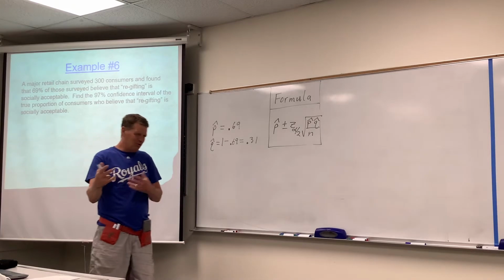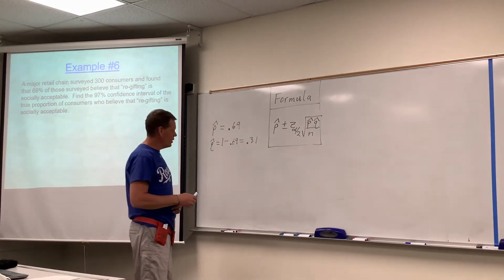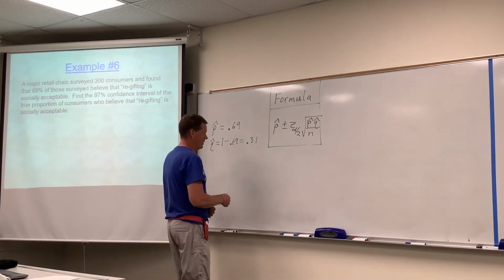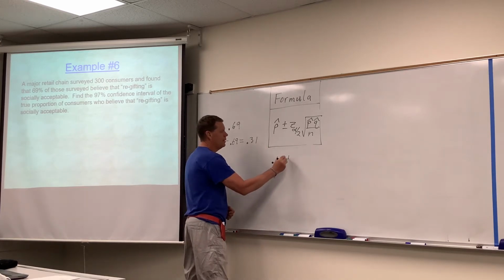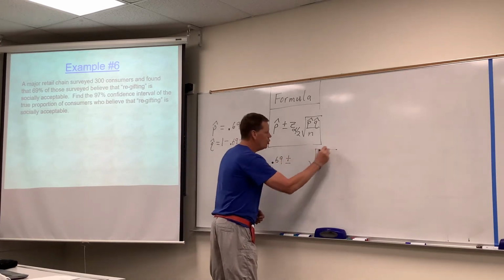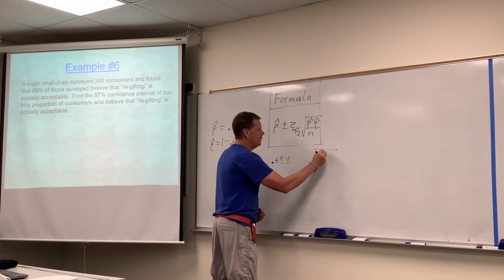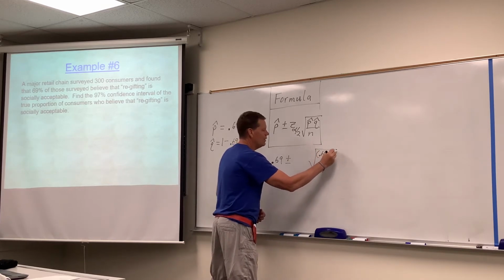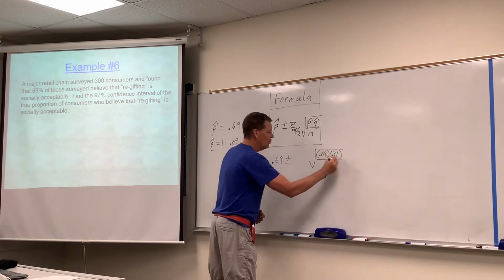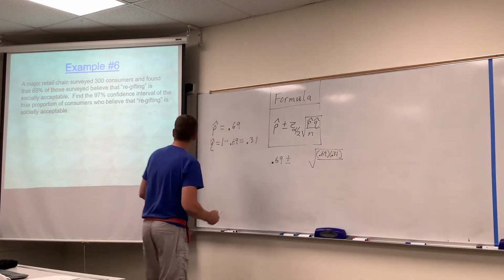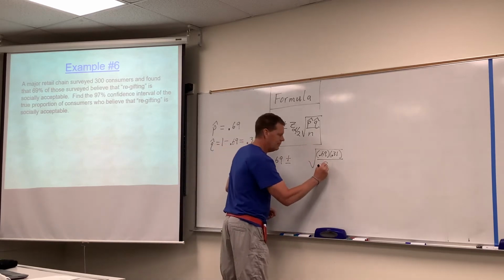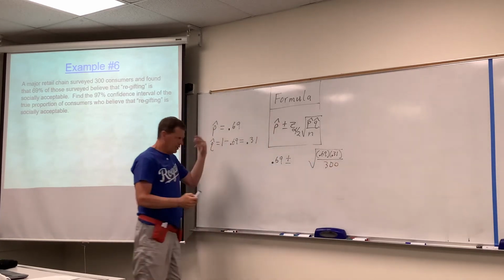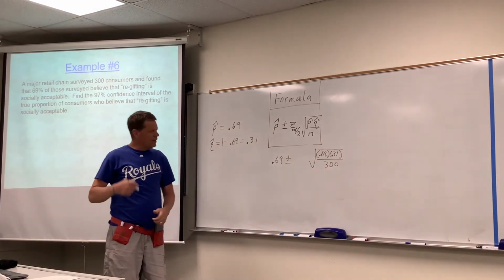I'll let you decide for yourself whether you think it's okay to regift things. The p hat and the q hat were pretty much given to us, or at least implied. And then the n is the 300 consumers they surveyed.